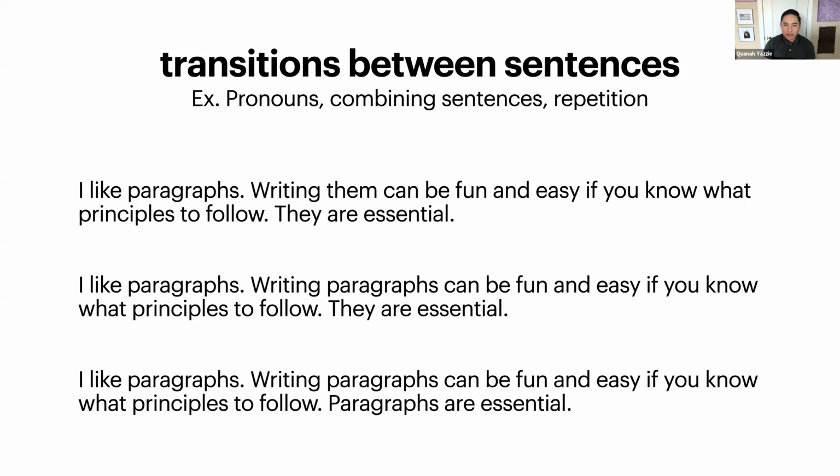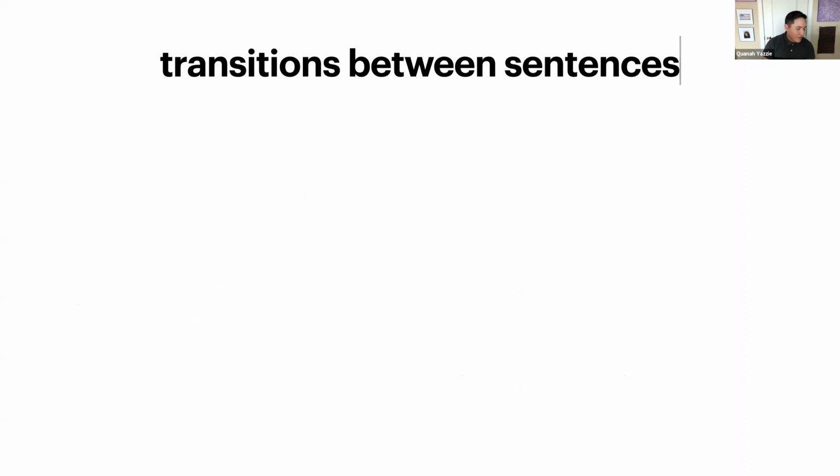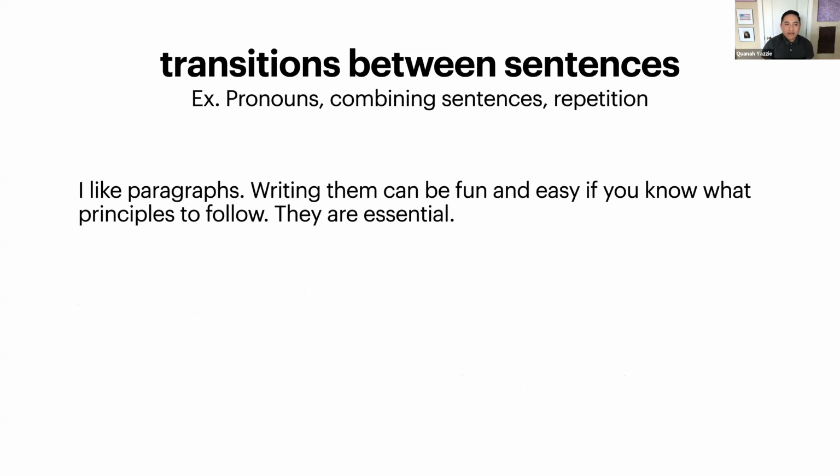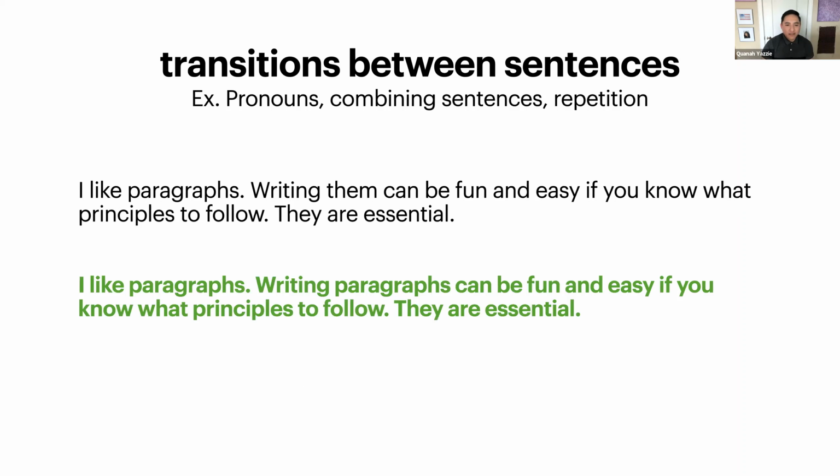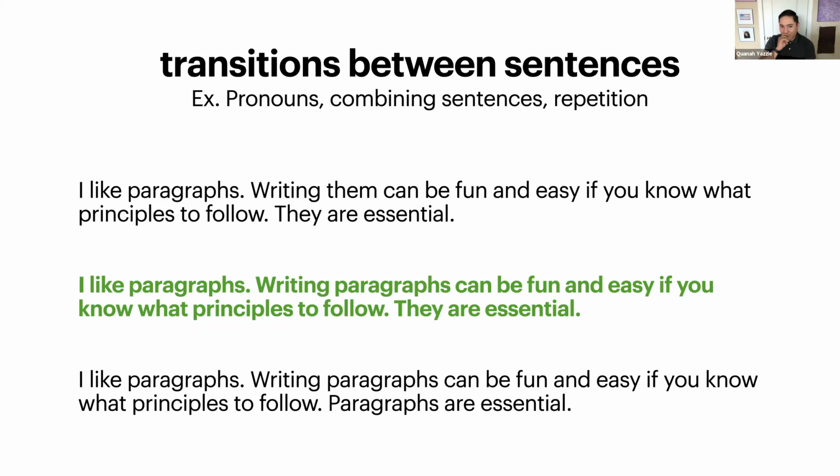All right, so the most logical one here, I believe, is actually going to be sentence 2. The only reason why is because this is one of those things that relate to what some of the words within the sentence itself are saying. So if you look at this sentence here, I like paragraphs.